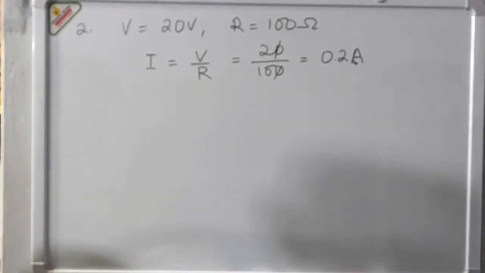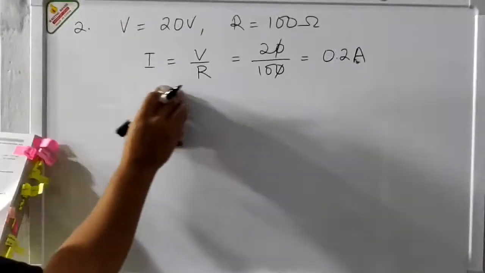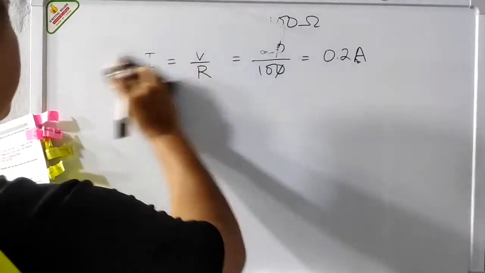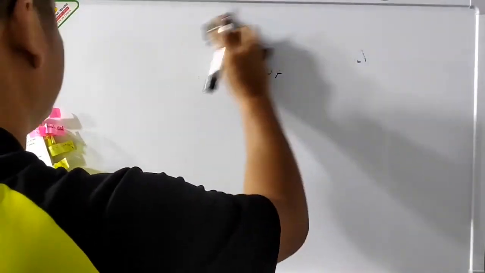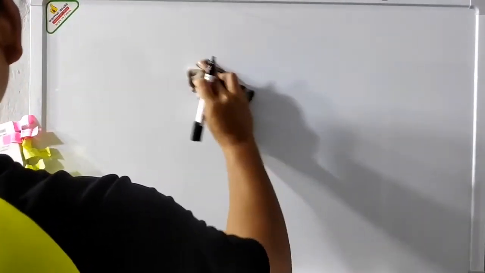And question number 3. Calculate the resistance of 50 meter length of wire of cross-sectional area 0.01 millimeter square and resistivity 5.0 into 10 power minus 6 ohm centimeter.